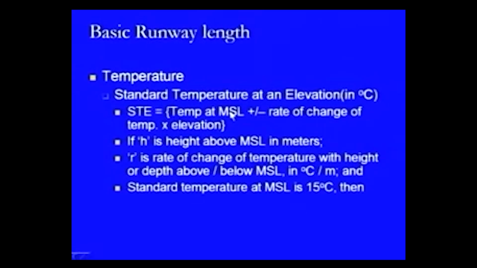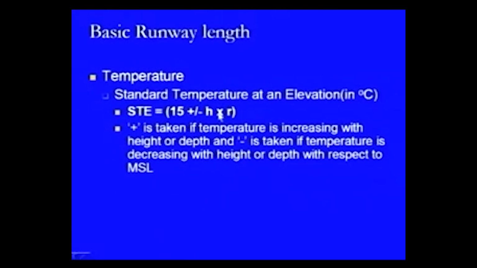The temperature at mean sea level is 15 degree centigrade, and whatever rate is provided with respect to height is multiplied with height to give us the standard temperature available at the site of the airport. Here R is the rate of change of temperature with height or depth above or below mean sea level, and this is generally given as degree centigrade per meter.